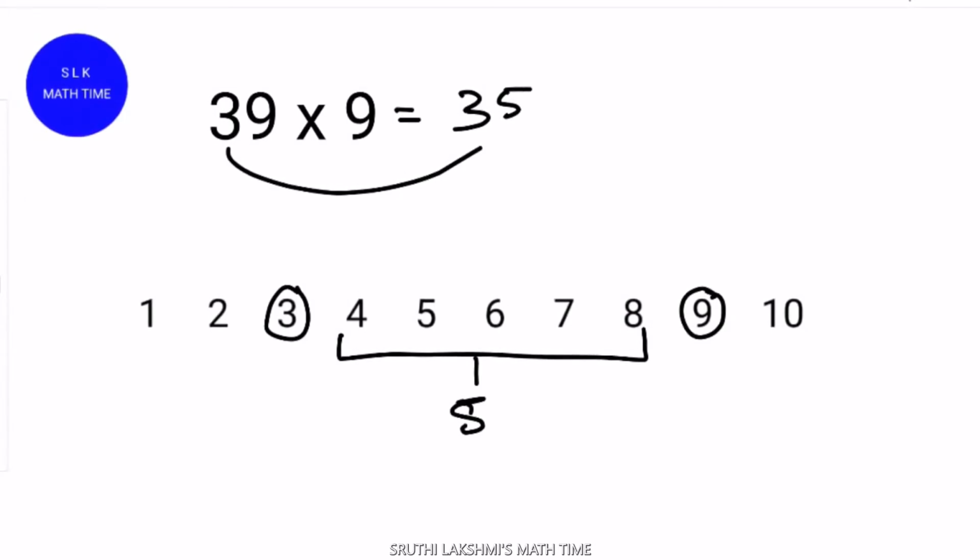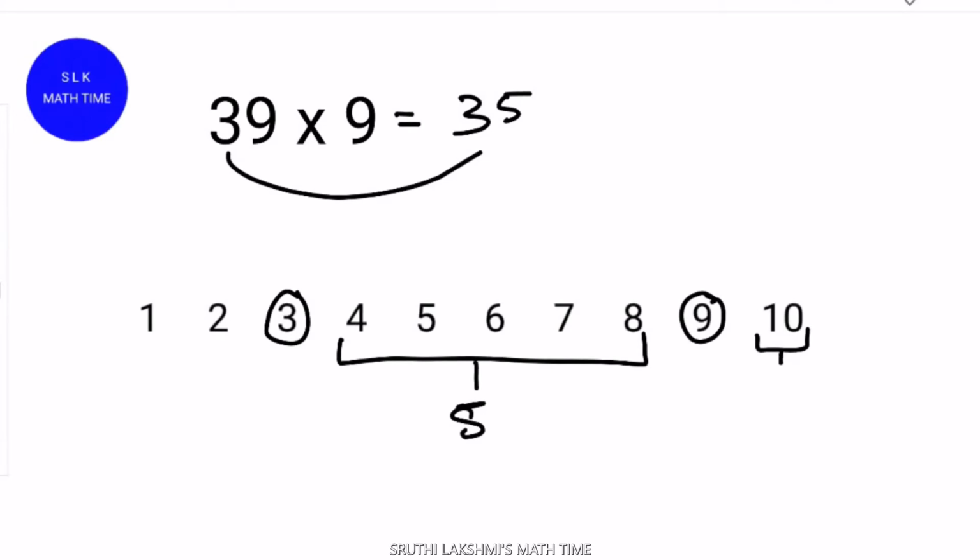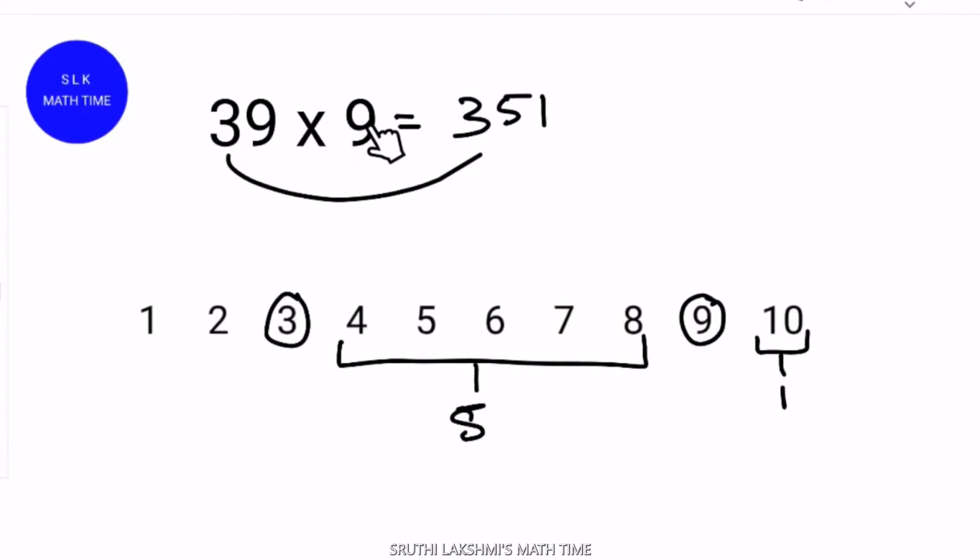Next, see how many numbers are there to the right of the last circled or underlined number. So there is 1 number. So we write 1. So 39 into 9 is 351.